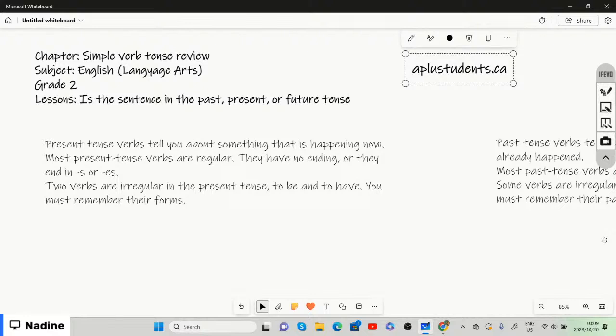The two verbs that are irregular in the present tense are to be and to have, and all we need to remember is their forms.